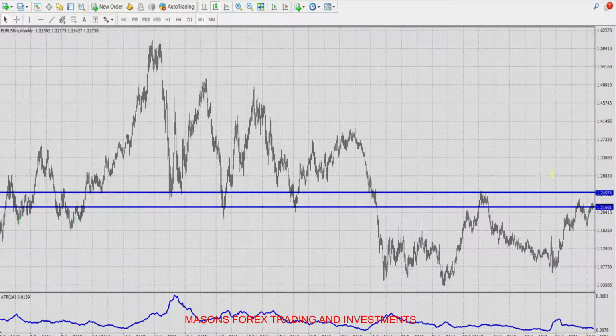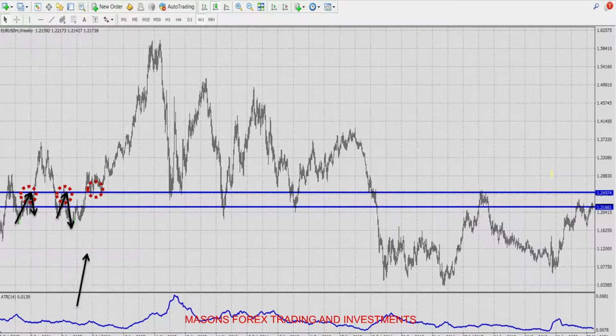Okay, moving on to Euro USD. This is the weekly chart. Again, you can notice we move into this area of value, a significant area. Price pushes into that area and retraces. We've identified another level. You can see a pattern.